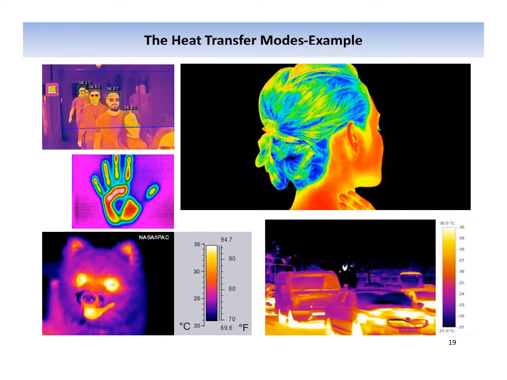Emissivity is the capability of a body to emit radiation at a certain temperature. The higher the emissivity, the higher the radiation heat transfer. The lower the emissivity, the lower the heat transfer because of radiation.